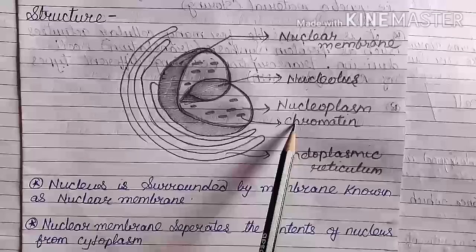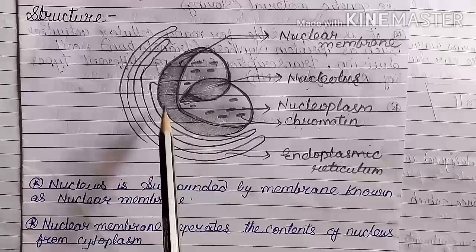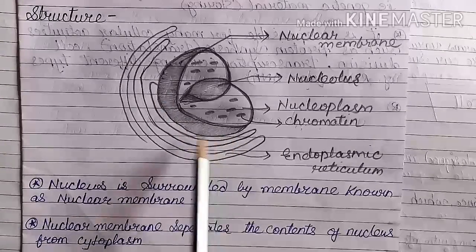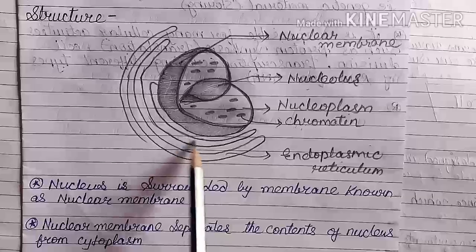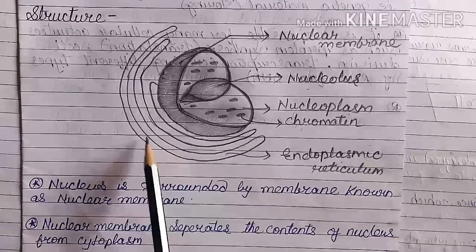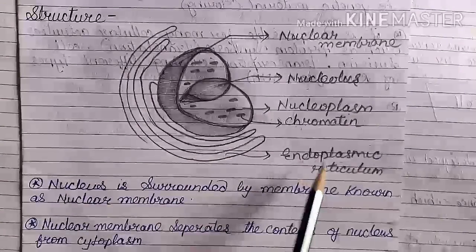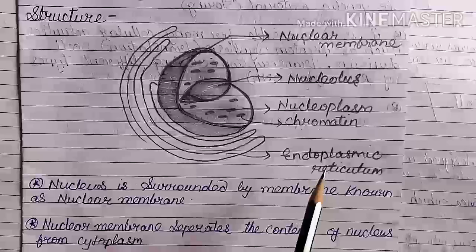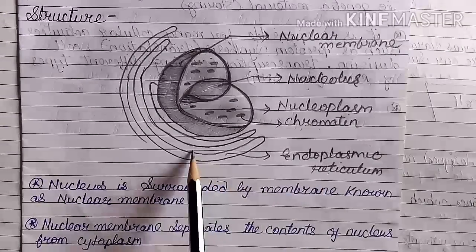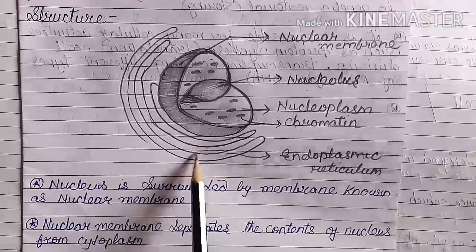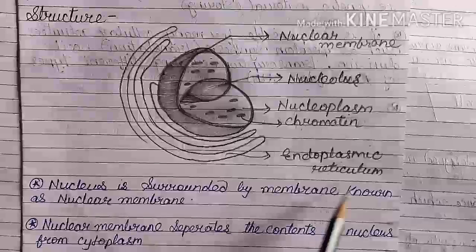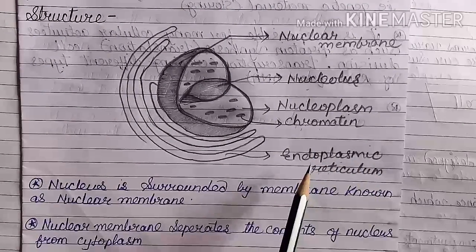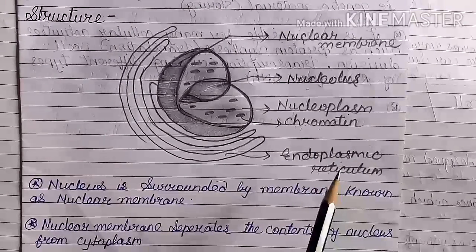Attached to the nuclear membrane you can see infoldings known as endoplasmic reticulum. What is endoplasmic reticulum? It is another cell organelle. We will be discussing this further.